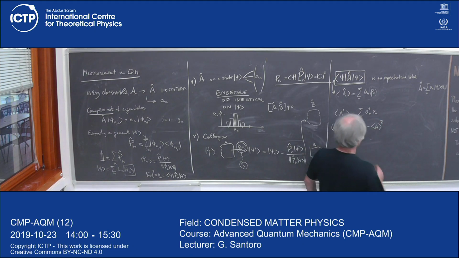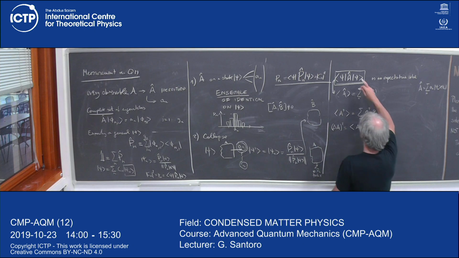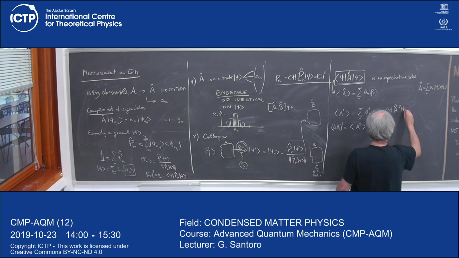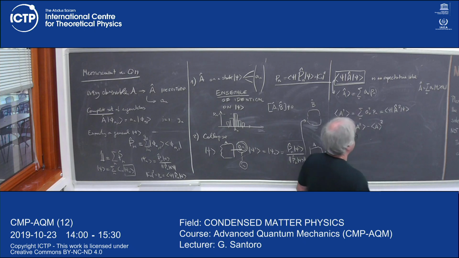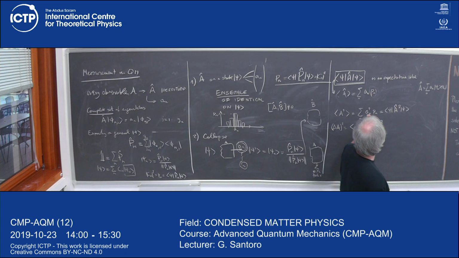Now it takes very little to understand that precisely as this is equal to that, this object is equal to the square of the operator sandwiched on psi. Okay? For the very same reason. Wherever there was an A giving you an, A square will give you an squared.